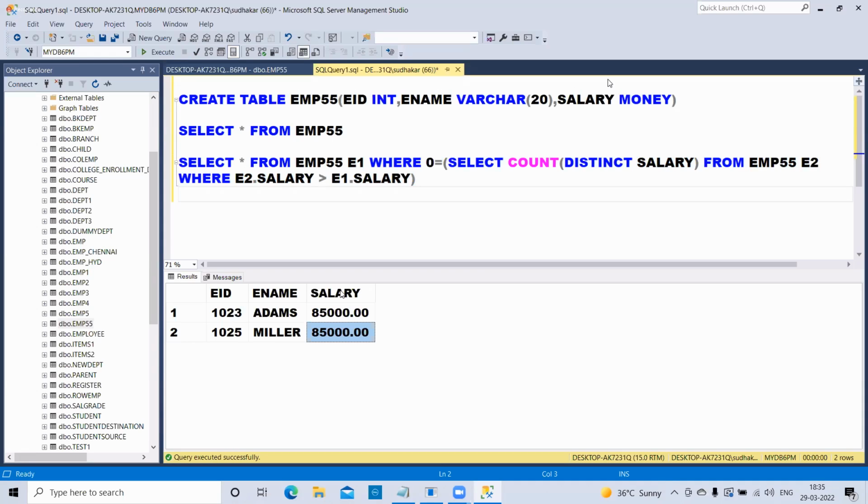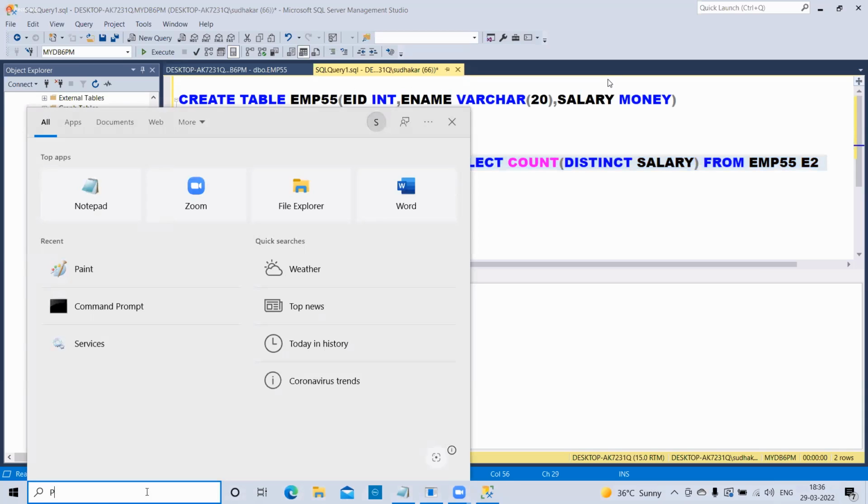Right, the first highest we got. But how is this query executed, sir? How is this correlated subquery executed? That is our question. Now at each and every point I will explain how this query is internally executed and how this output, the first highest salary, came. Now let me come out and see, guys.